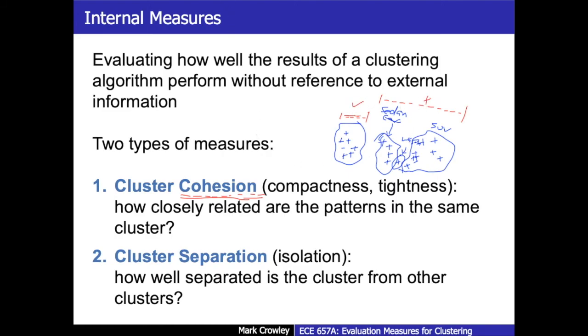And then, what other color do I have? I have green, which is not a good color. Separation, obviously, is the distance between the clusters. And so we'd say that separation is how far apart are they?